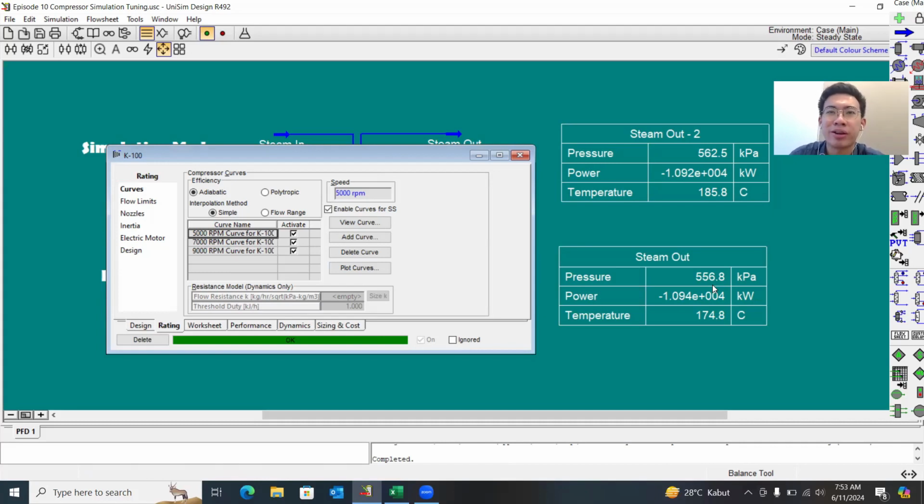This way, you can do a performance check, because usually with this amount of flow, the compressor could deliver 600 kPa, but now because of the performance deterioration, the head is lower. So you could know what the actual efficiency of the current compressor is, what the performance of the compressor is. So you have the evaluation for that unit.